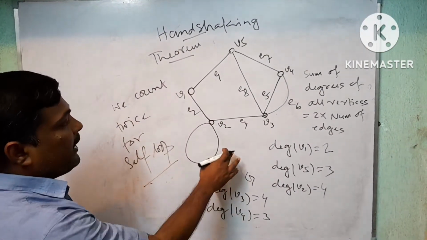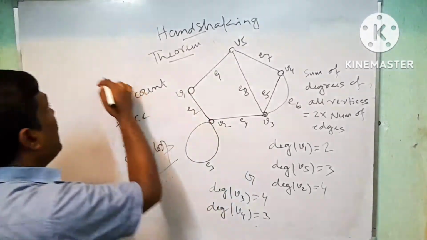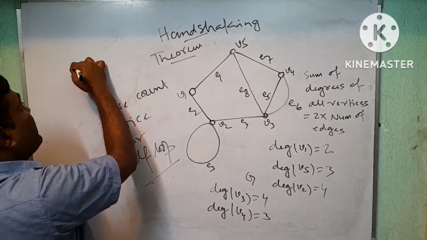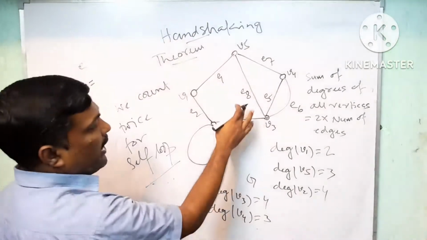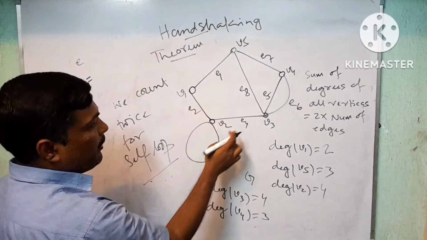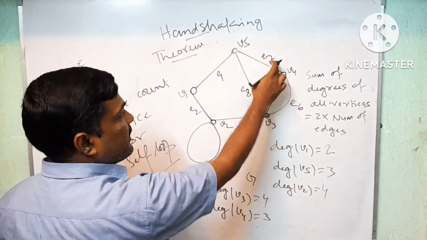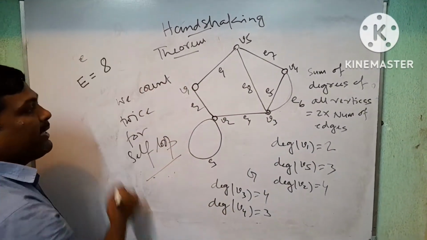Now for this graph, the number of edges: we have 1, 2, 3, 4, 5, 6, 7, 8. 8 edges.